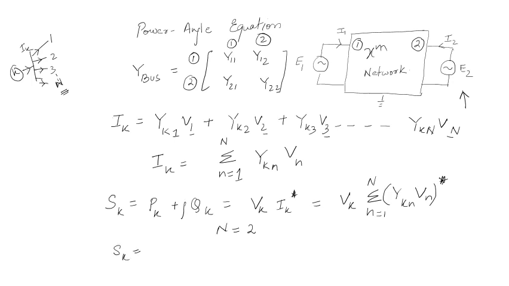Sk is Vk times the summation of n from 1 to, now capital N is 2, so I will write 2, Ykn Vn, with the conjugate.